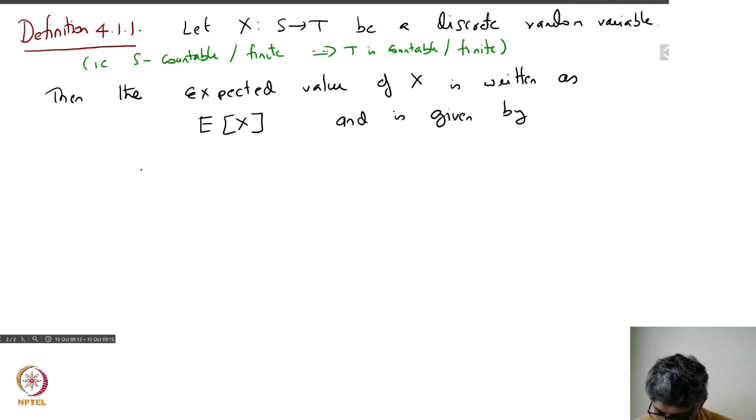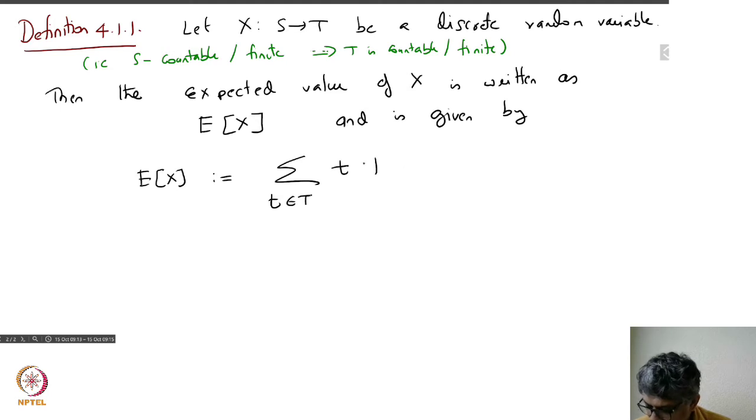You sum over all possible values X takes in T, the range of X. You multiply each value t by the chance that X is equal to t. Of course, if T is finite, this sum is well defined. Otherwise, it's a series.